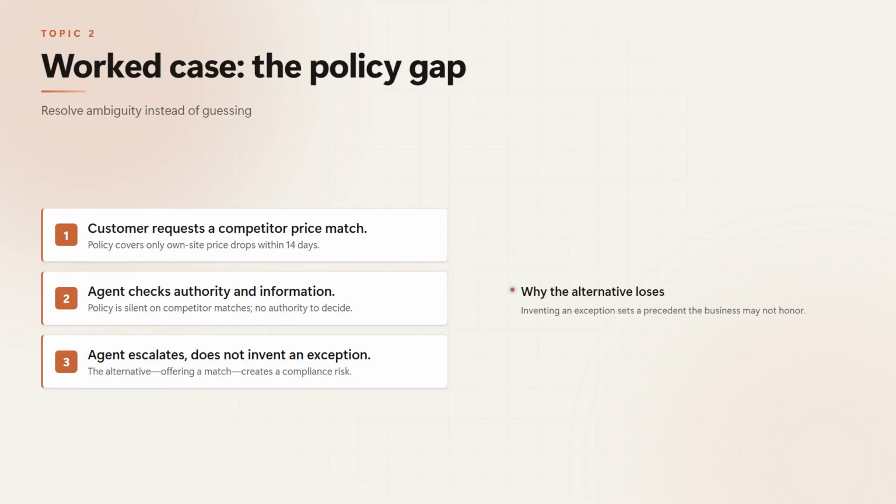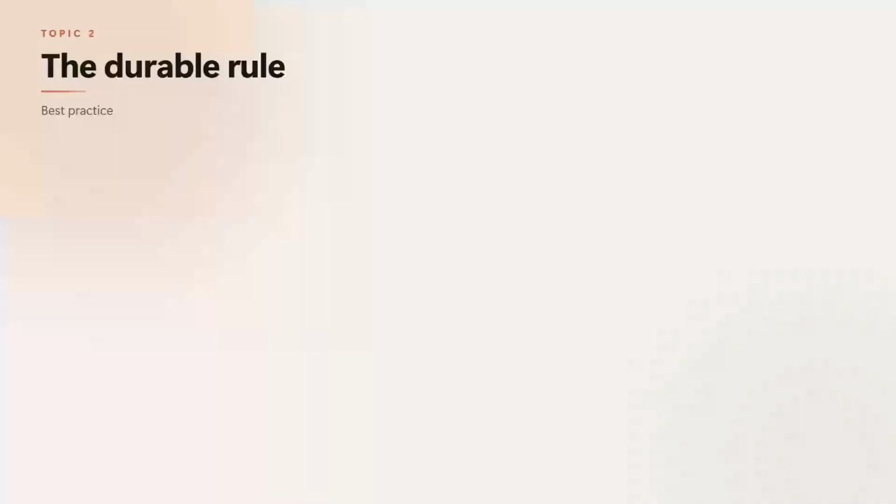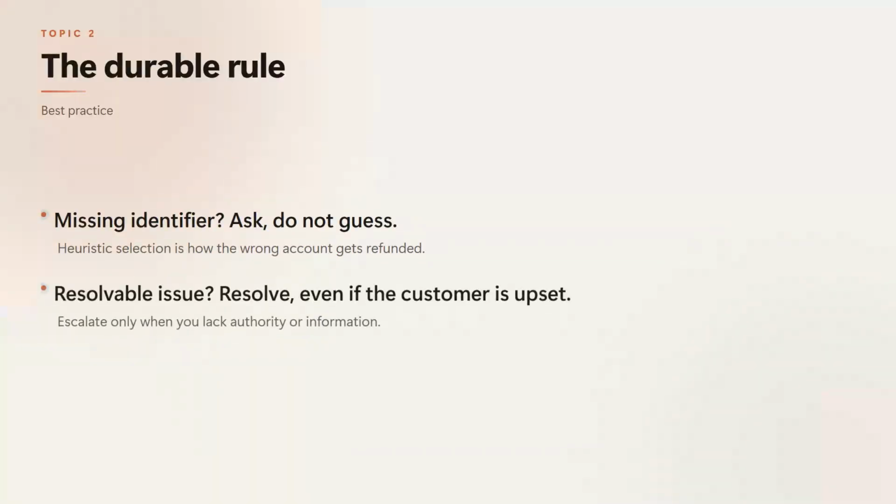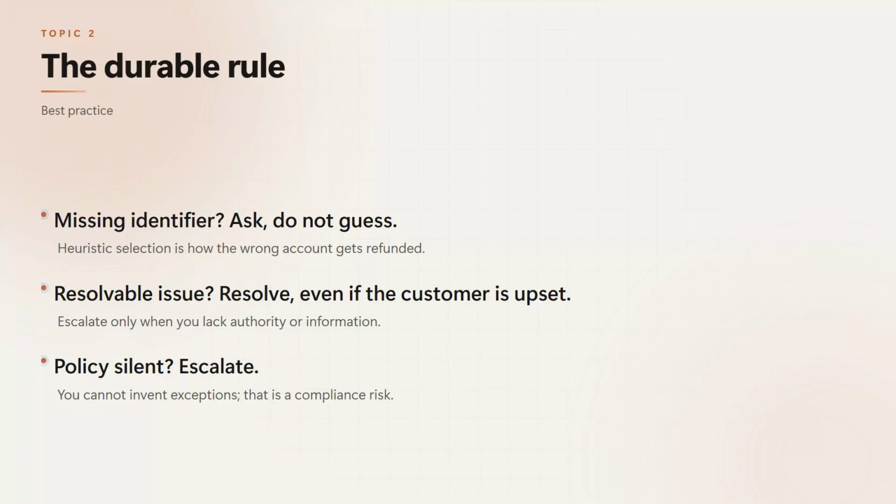The other two cases are on the page. The same reasoning applies. Check what you know and what you are allowed to do. The durable rule is this: in any ambiguous situation, ask yourself two questions. Do I have the information I need to act correctly? Do I have the authority to make this decision? If you lack information, like which J. Martinez you are talking to, ask for more.